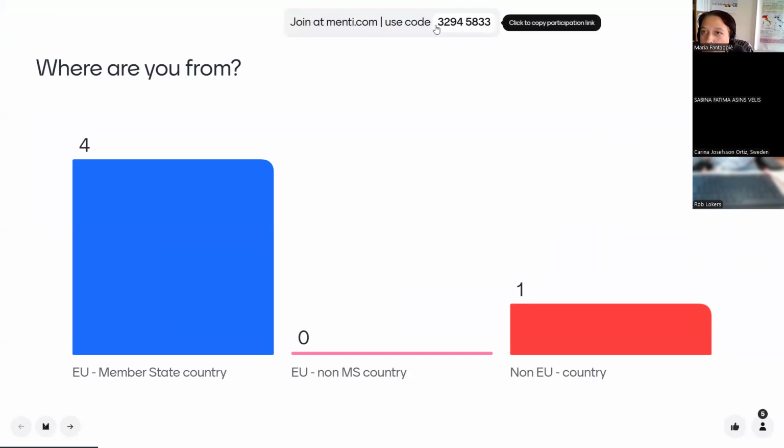So please go to menti.com and put this code that you see above on the screen: 32945833. I see only 6 people entering right now, so I will wait a little bit.